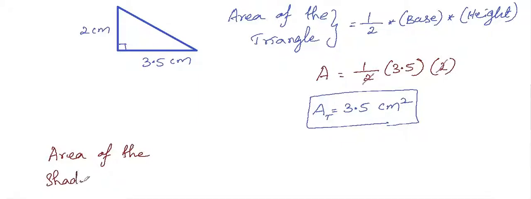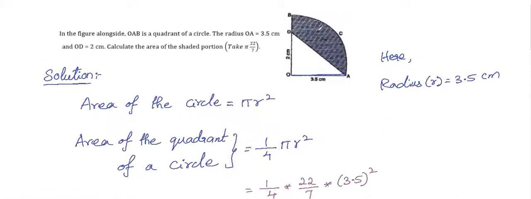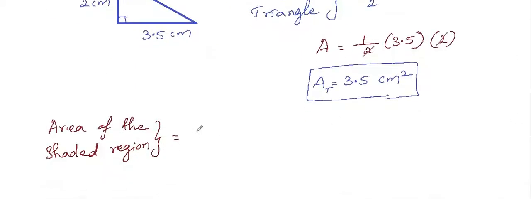Now find the area of the shaded region. The area of the shaded region is equal to the area of the quadrant minus the area of the triangle.